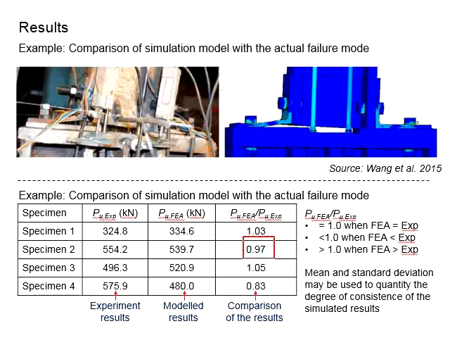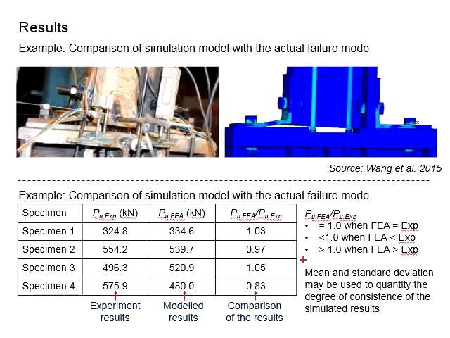Same goes for 0.97: now your model result is 3% less than your experimental results. With that, you have an idea of the degree of variation between the model and experimental results.